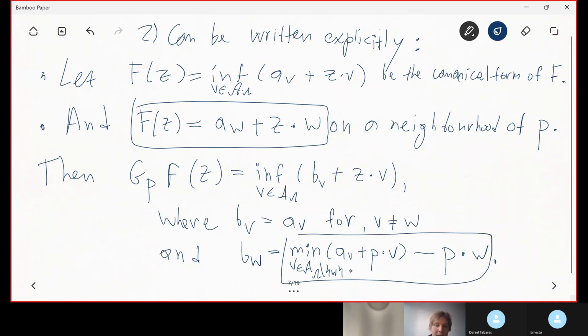So, and if you contemplate a little bit, this formula is derived by the condition that you want your G_P F to be not smooth at P, not linear at P. So that's how you should choose your coefficient B_W to be sure that apart from this W term, there will be some other term contributing at this P. That's an easy thing. I don't want to explain it more, but that's an explicit formula. But it's very nice. Yeah. Okay.